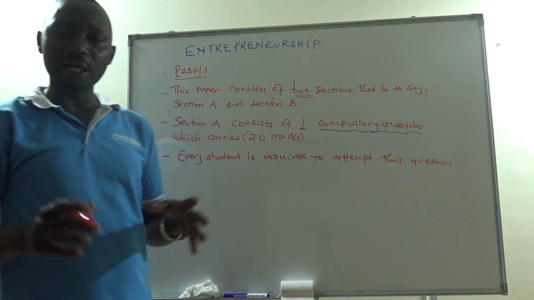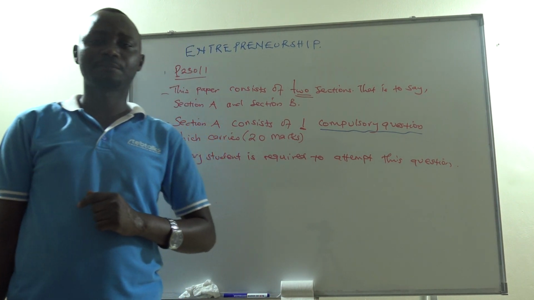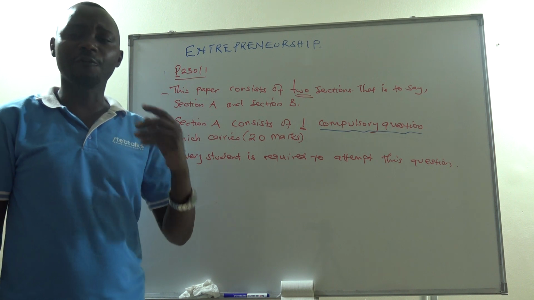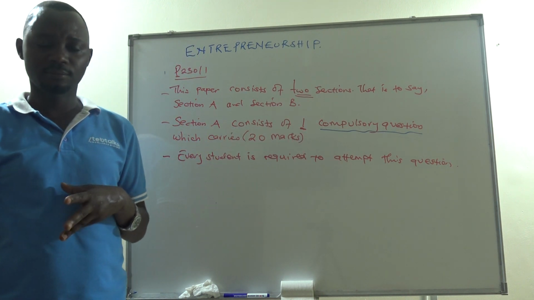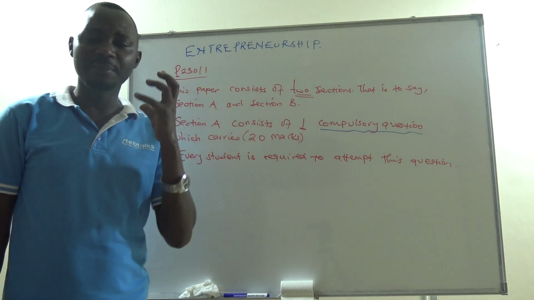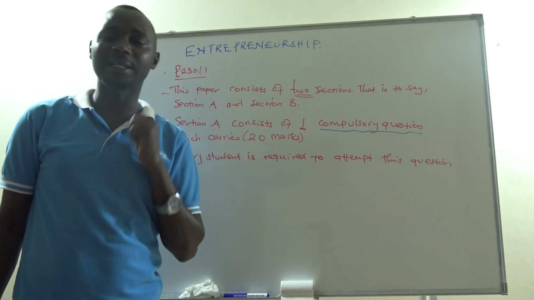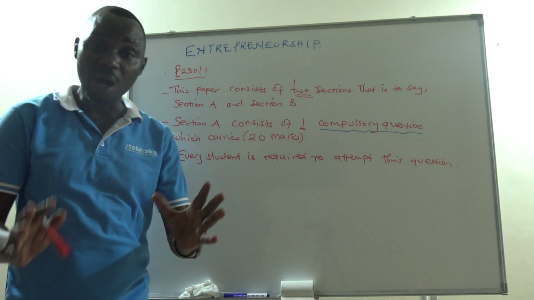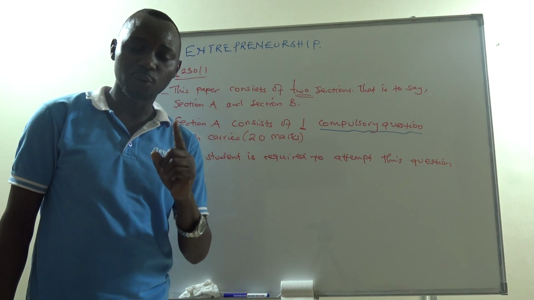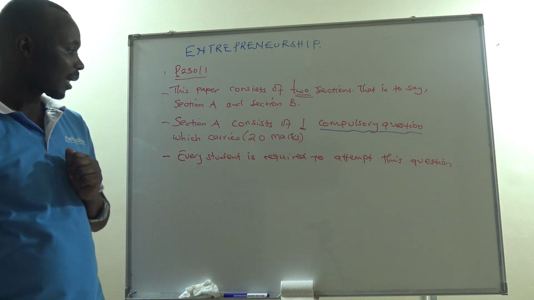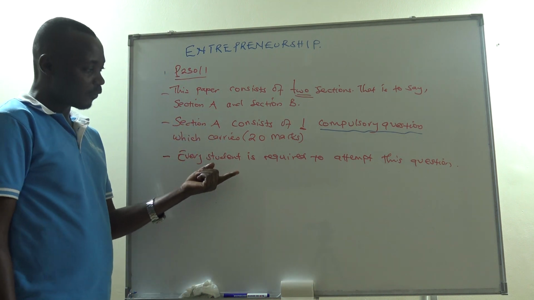If you don't attempt this question, even if you attempt all the questions in the other section, you will be marked out of 80. Meaning out of 100, you have done the paper out of 80. That is the weight of this section.